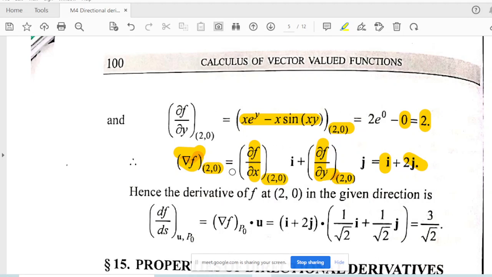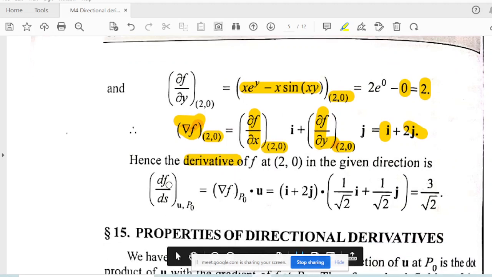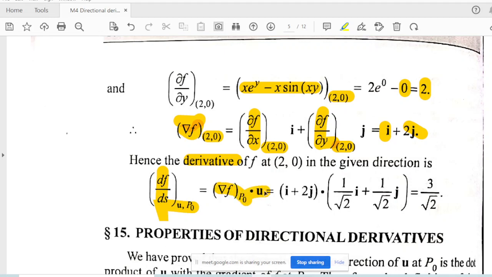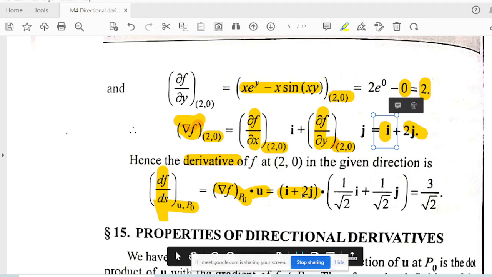Now we have to find the directional derivative. For the directional derivative, our formula is df by ds at u comma p naught is equal to grad f at p naught dot unit vector u. So this is i cap plus 2 j cap dot our unit vector 1 by root 2 i cap plus 1 by root 2 j cap.